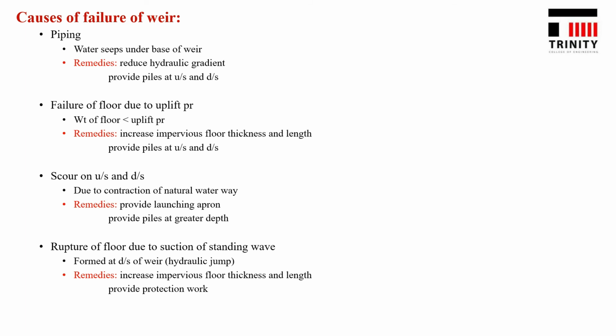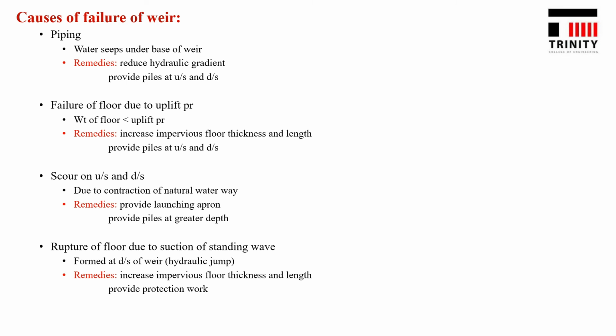Flow emerges at the downstream portion at a hydraulic gradient, or exit gradient, which exceeds a certain critical value of the soil. It results in the surface soil starting to boil and being washed away by percolation of water. As the process continues, it works backward towards the upstream side and forms a channel or pipe-like structure, which finally results in piping failure.